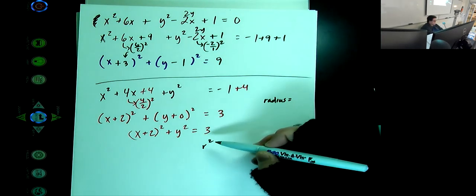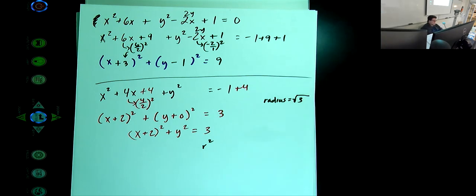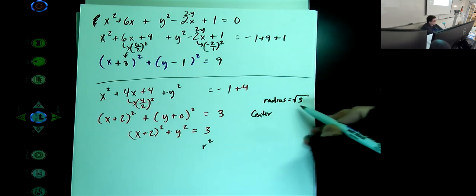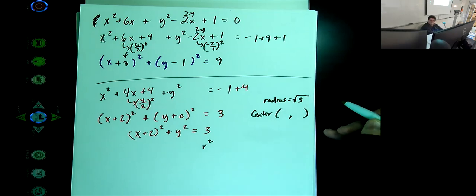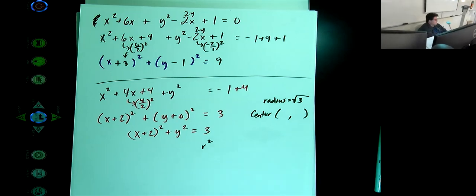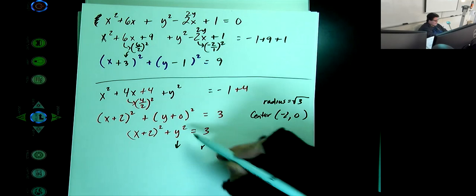We have to take the square root of it, so the radius is going to be the square root of 3. And my center would be -2, 0. Don't let that throw you off. If there's nothing there, it's a 0.